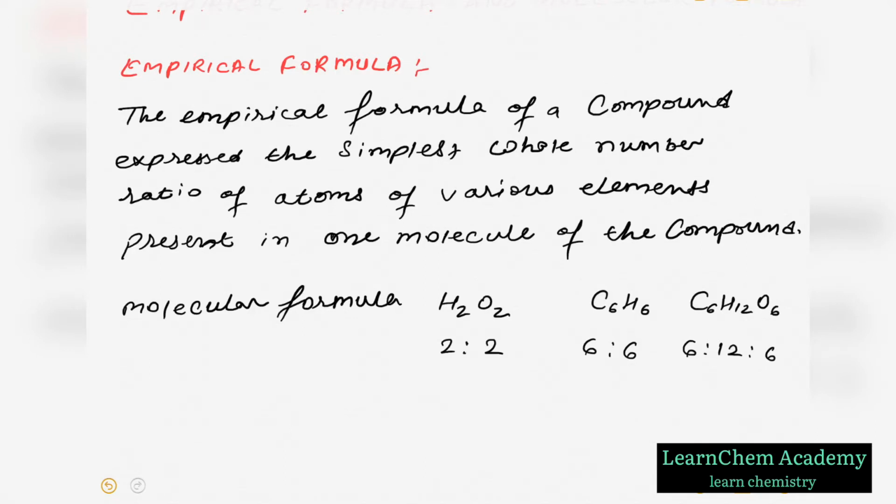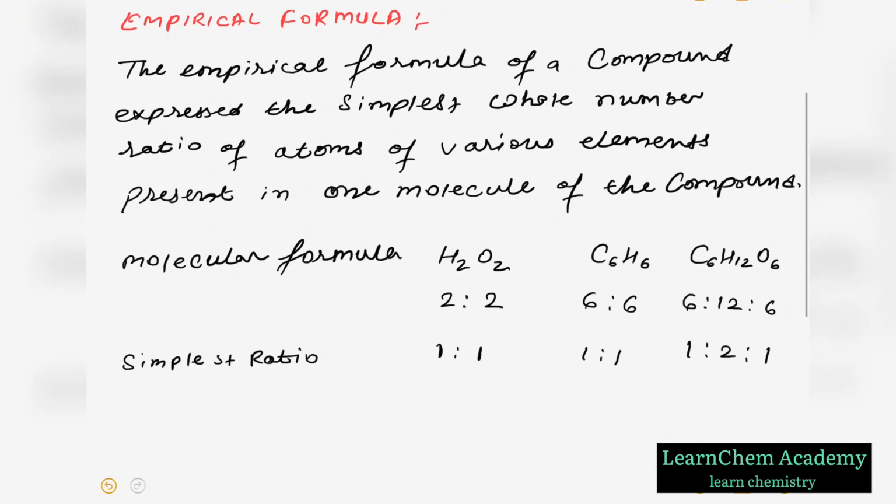Okay, so if we take the simplest ratio of their constituent elements, in case of H2O2 we will get 1:1, here also we will get 1:1, and here 1:2:1. This is the simplest ratio of their constituent atoms. This simplest ratio of the constituent elements in a compound is called the empirical formula.